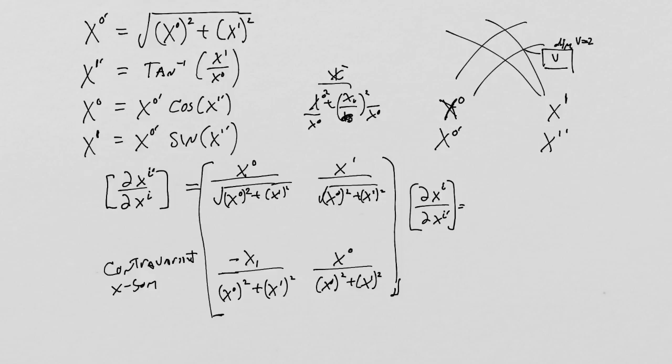That will be cosine x1 prime. Then the next one is that thing with respect to x1 prime.